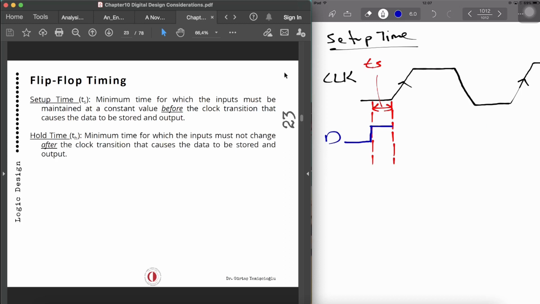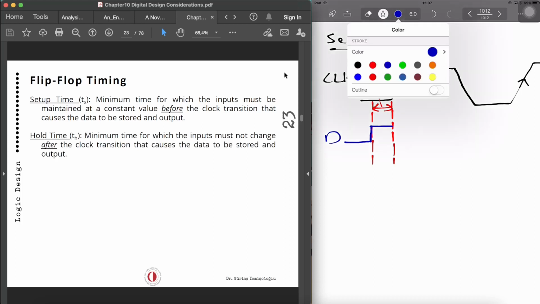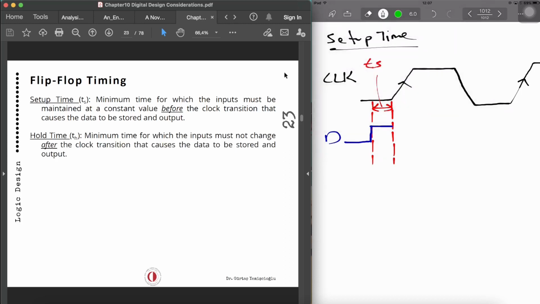Then we also have the hold time on the other side. Now, hold time is when the clock reaches the high level, the level where the triggering is done, we again need a short amount of time to maintain the input constant. And this is known as T hold.